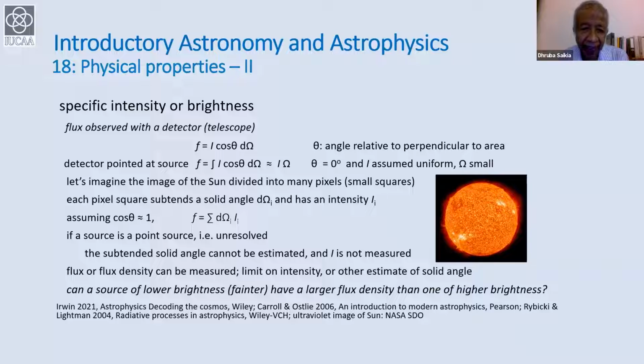Now the radio lobe is weaker, so I have a large region of diffuse emission, a large area of diffuse emission.